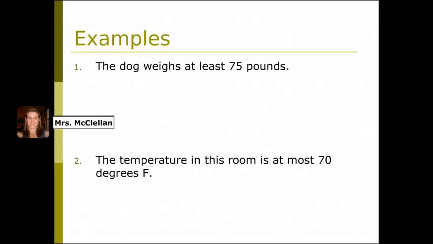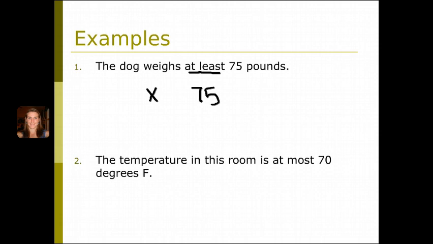Okay, so in example 1, the dog weighs at least 75 pounds. You're going to put your variable on the left, your starting number on the right, and it says at least, meaning that 75 pounds is the smallest amount of weight that that dog could have. Therefore, the weight has to be greater than or equal to 75 pounds.